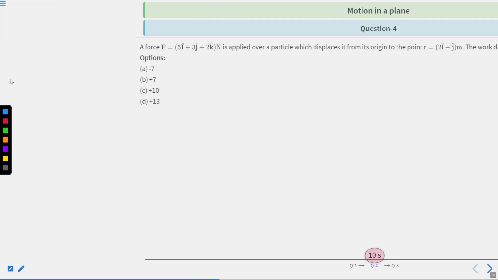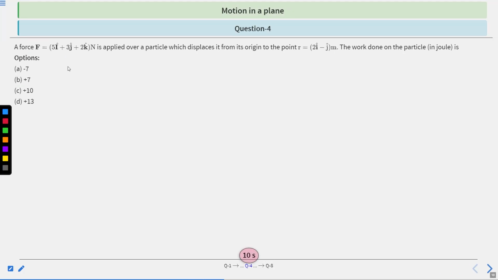Next question, fourth question. A force F equal to 5i plus 3j plus 2k Newton is applied over a particle which displaces it from its origin to the point r equal to 2i minus j meter.